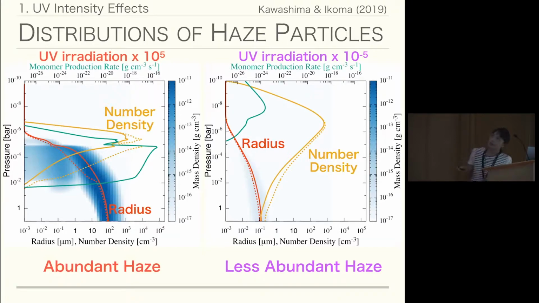You see that for the high UV radiation intensity case, both the average radius and the mass density are larger. This is just because the monomer production rate is higher. On the other hand, for the low UV radiation intensity case, both the radius and the mass density are very small because the monomer production rate is small. So the haze is abundant for the high UV radiation intensity case and less abundant for the low UV radiation case.